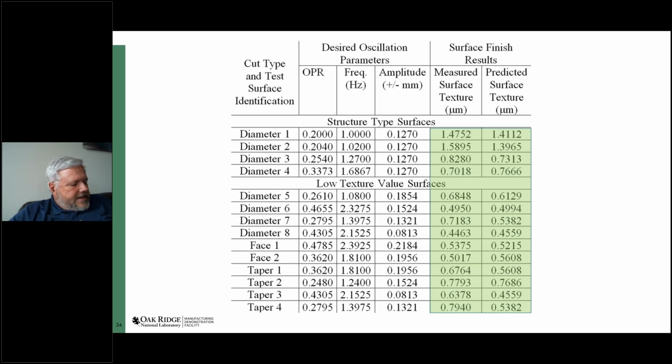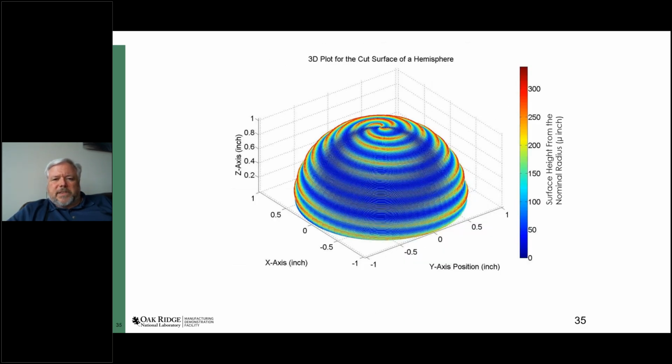I'll skip past this table, but I'll show you some of the figures. This is what the surface looks like on the hemisphere that we did. So I can see the feed marks, and I see some variation in the surface roughness that is position dependent. But mostly it's pretty good, right?